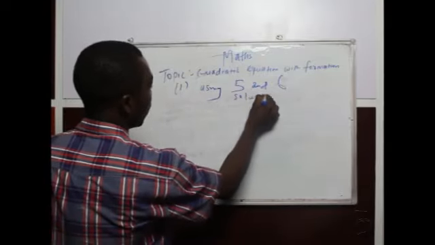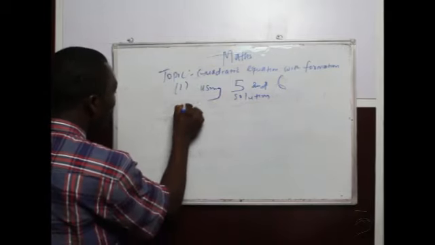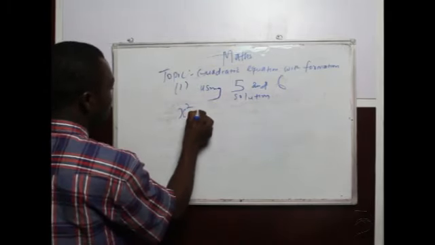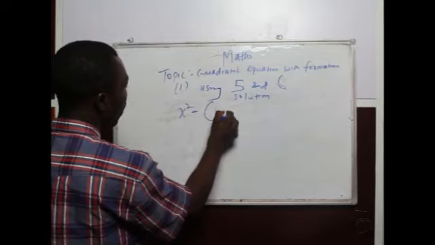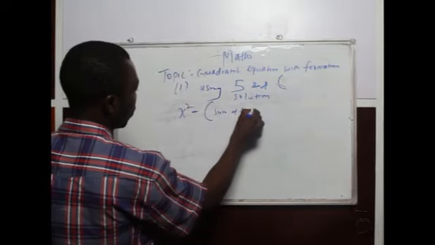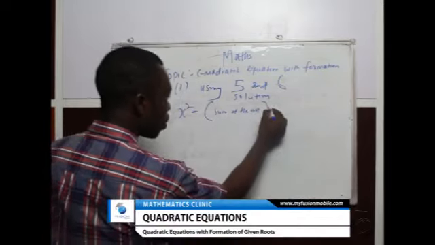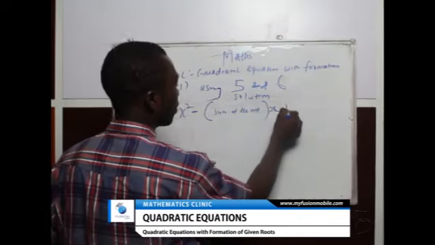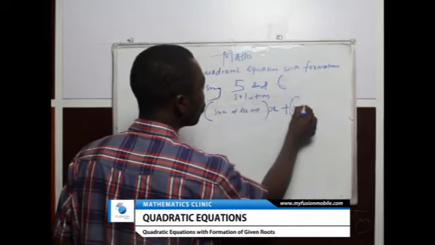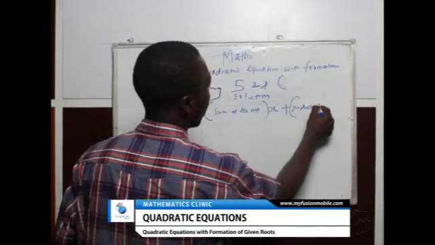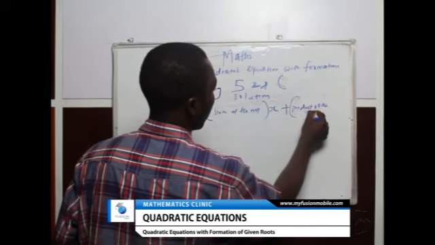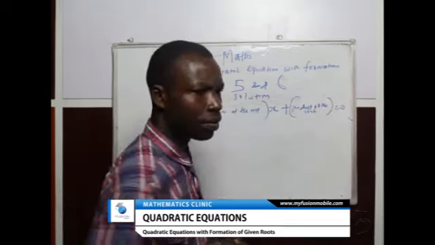Solution: x squared minus, bracket, sum of the roots, close the bracket, x plus product of the roots, equal to 0.